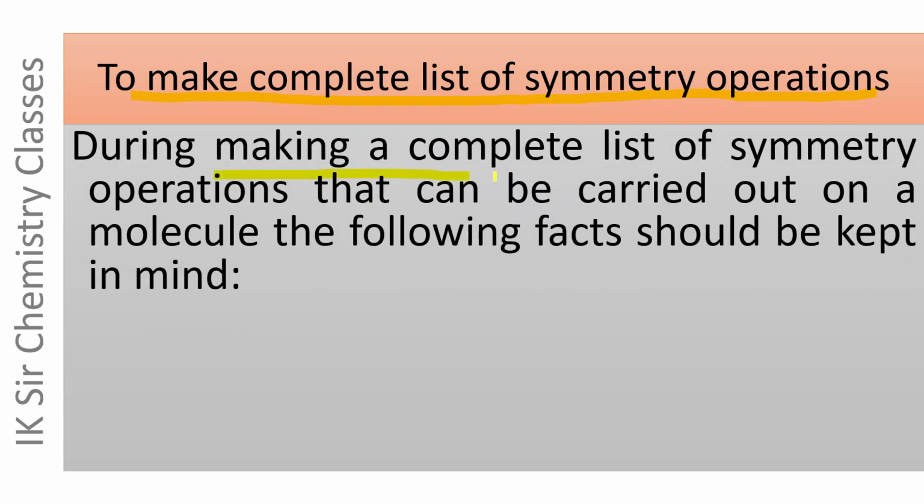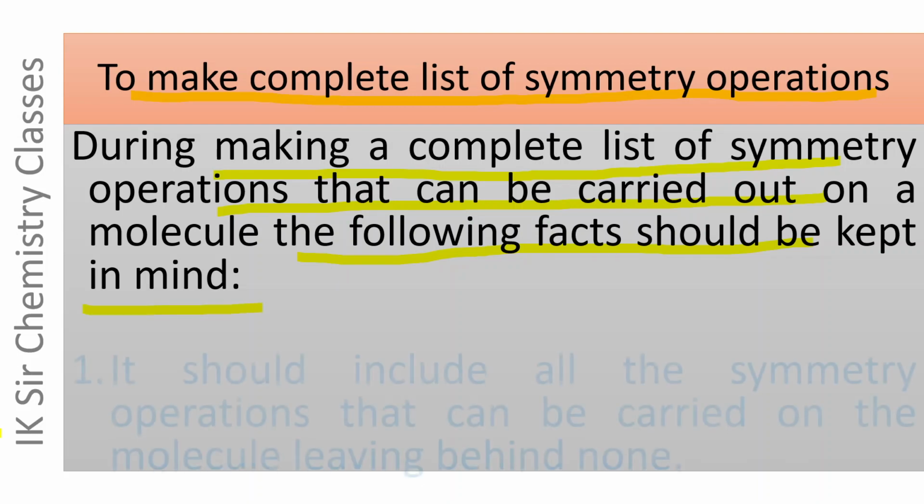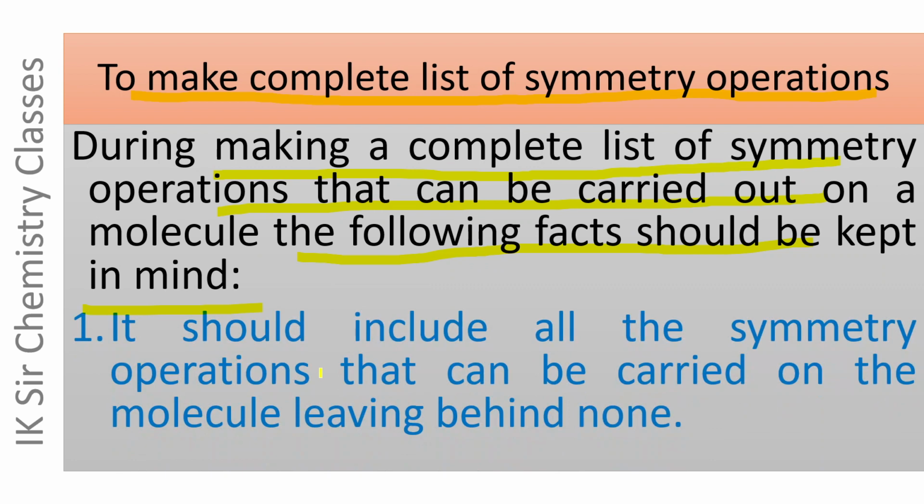While making a complete list of symmetry operations that can be carried out on a molecule, the following facts should be kept in mind. The first one is that the complete set of symmetry operations should include all the symmetry operations that can be carried out on the molecule, leaving behind none.